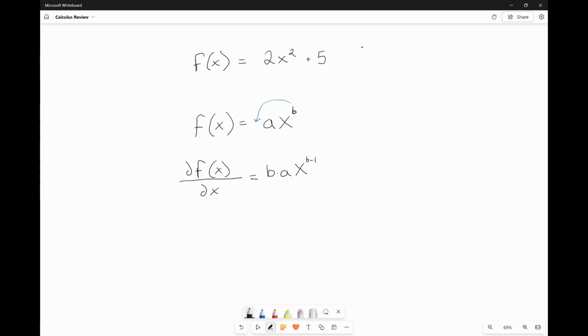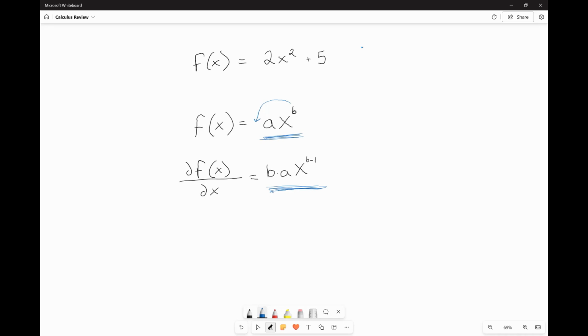This is the basic structure of taking a derivative. If you are able to recognize this structure in a function and then just apply this formula, you are well on your way to taking derivatives of any function that you need to take a derivative of. It's that simple.